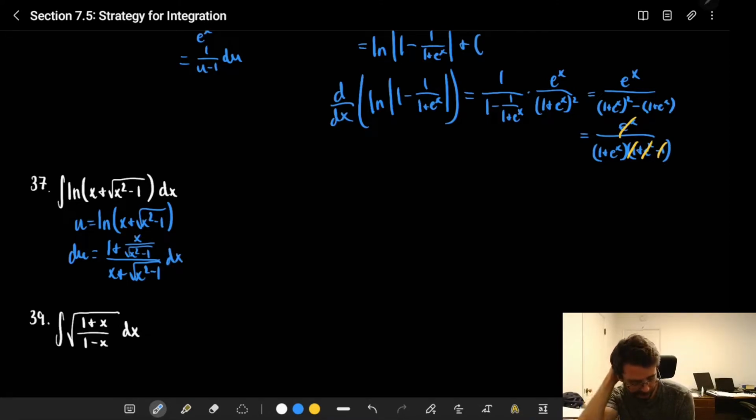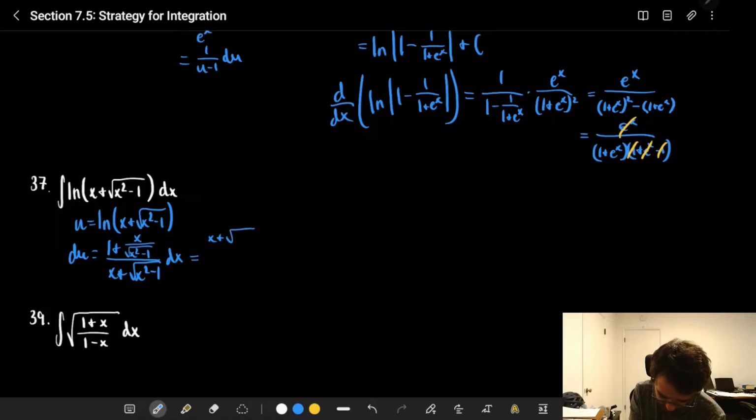I mean, is this actually what I'm trying right now? I mean, yeah, it is. Let's just see what happens. Let me simplify this first. The top, let's get a common denominator. So the top is x. Oh my god.